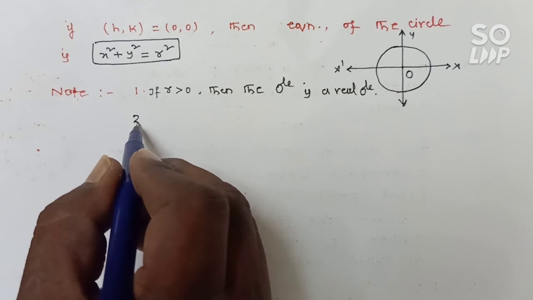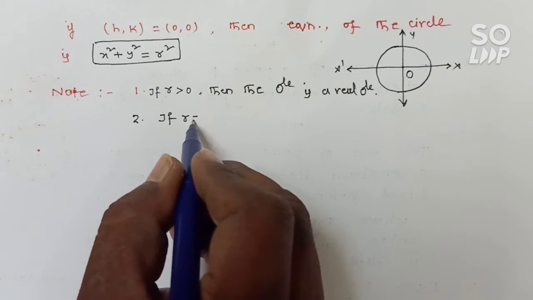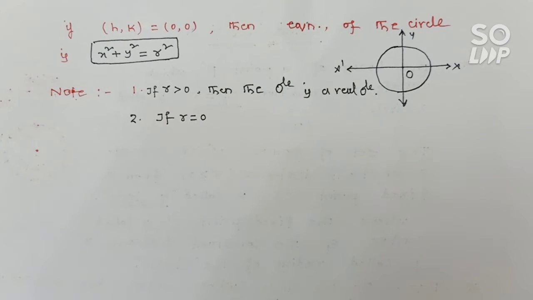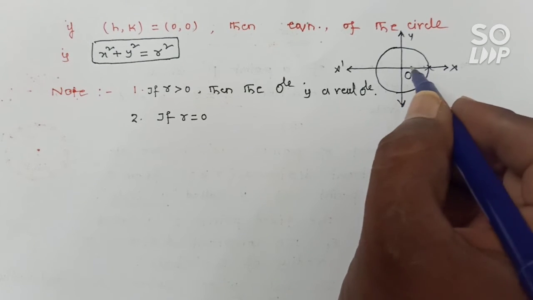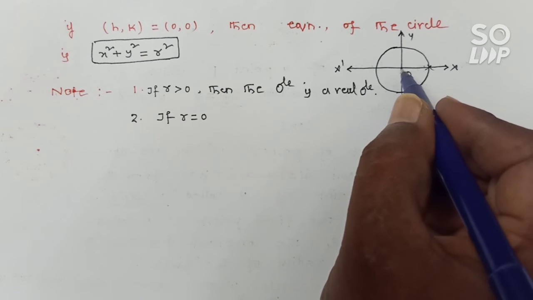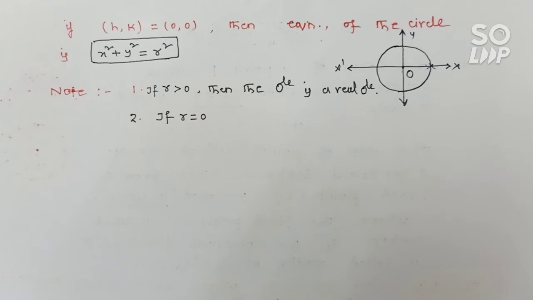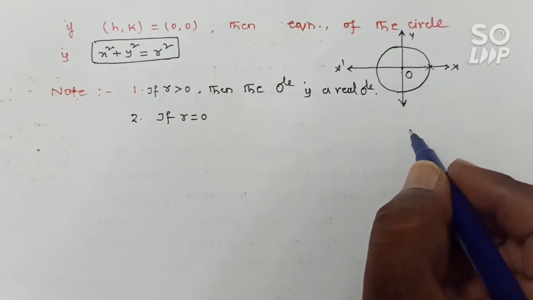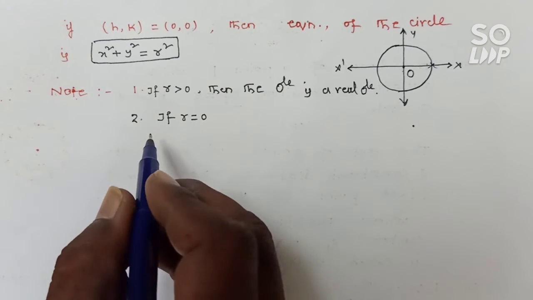And the second one is that if r is equal to 0, that means the radius is 0, so this length will be equal to 0. That means if this is the center, the distance between the center and any point on the circumference is 0, so simply the figure will be a point circle.